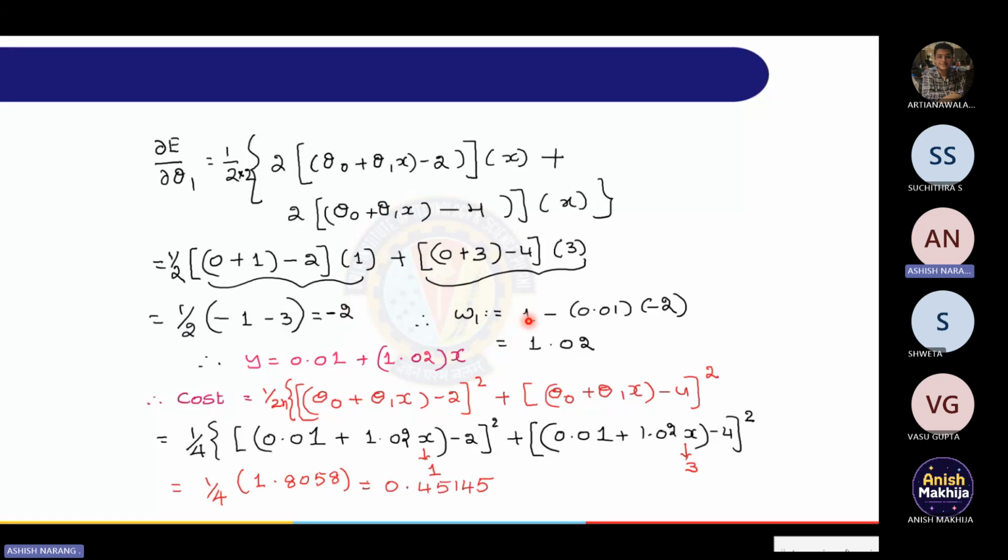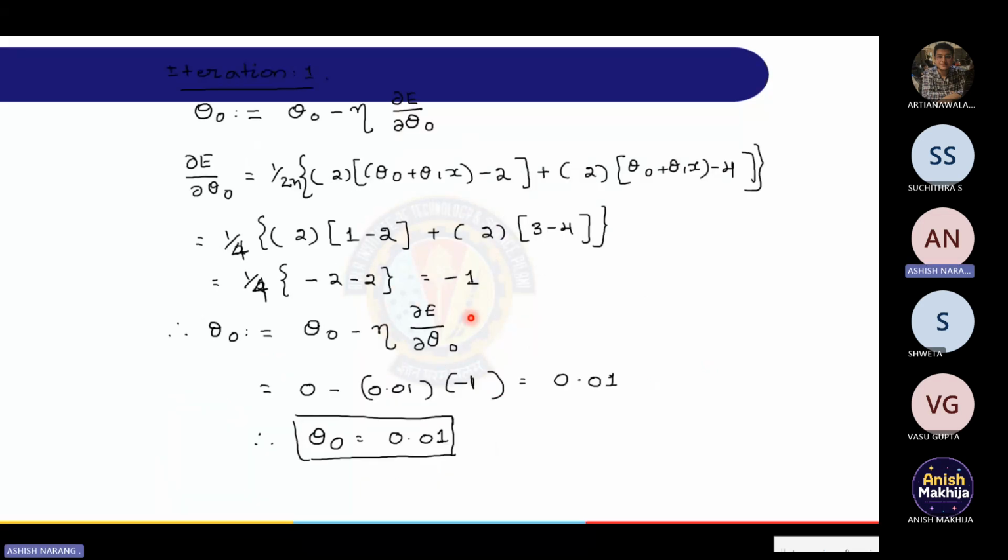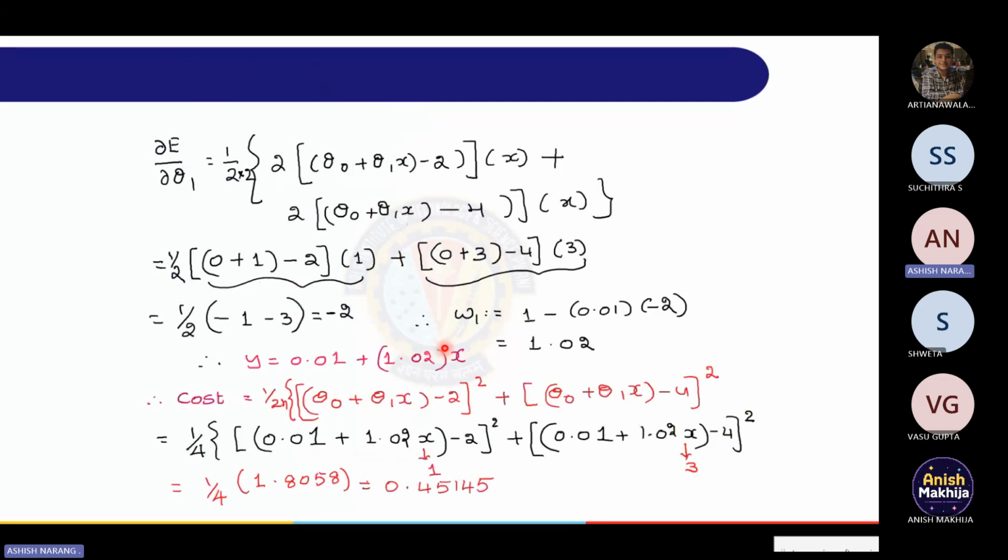Theta 1 value was 1, so 1 minus 0.01 multiplied with -2, eta times the derivative. This is the only equation that we are using. Instead of theta 0, we are using the partial derivative with respect to theta 1, which we have calculated. So it turned out to be 1.02. So the new weights after the first iteration are 0.01 plus 1.02x. Make sense?